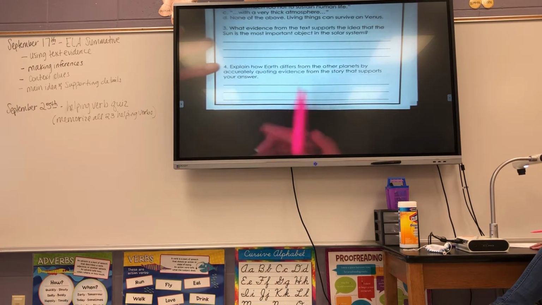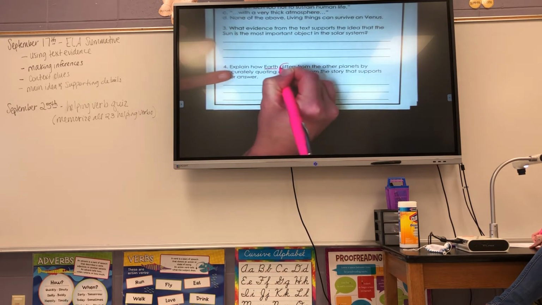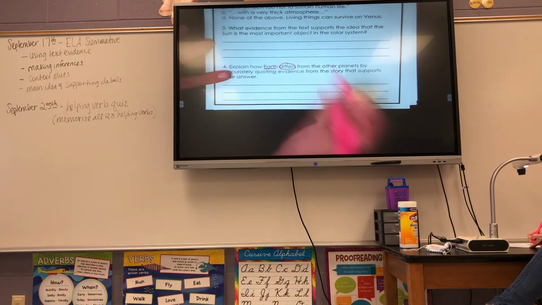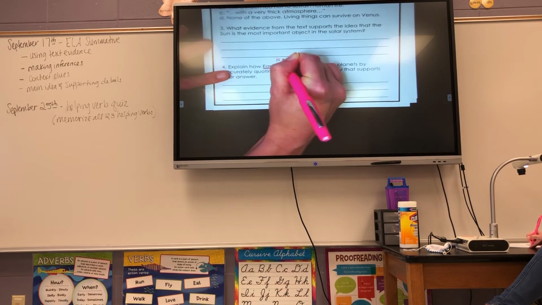Question 4 says, explain how Earth differs from the other planets by accurately quoting evidence from the story that supports your answer. All right, so explain how Earth differs. That's an important word right there. Differs is the same thing as saying is different.